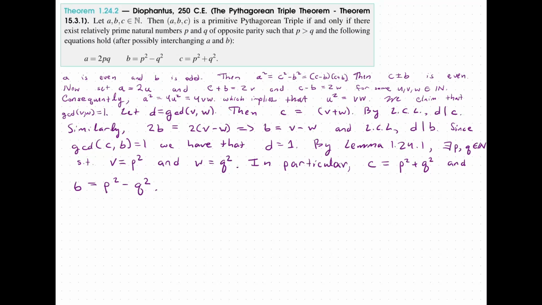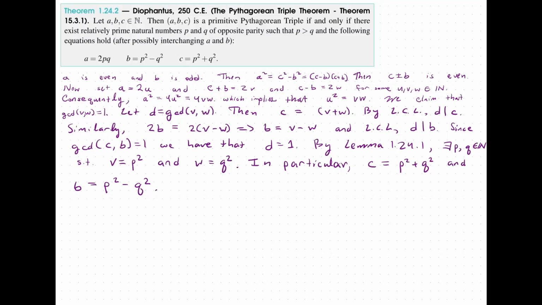And so that establishes these two quantities right here. But we also know that a is equal to 2 times u, and u squared is equal to v times w.